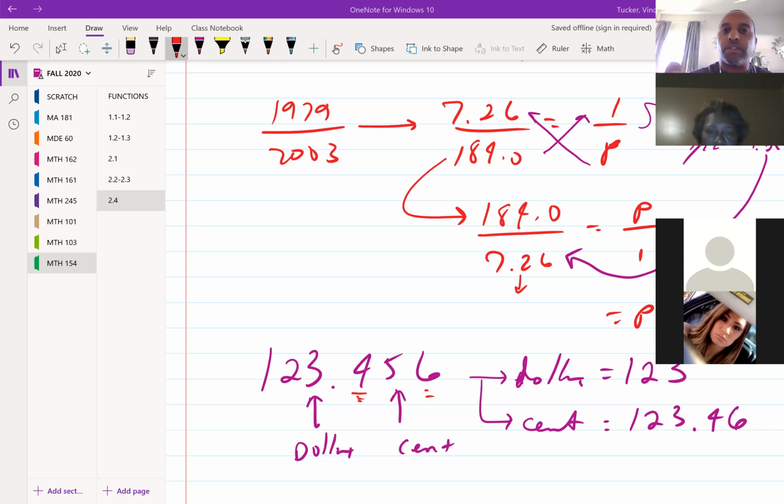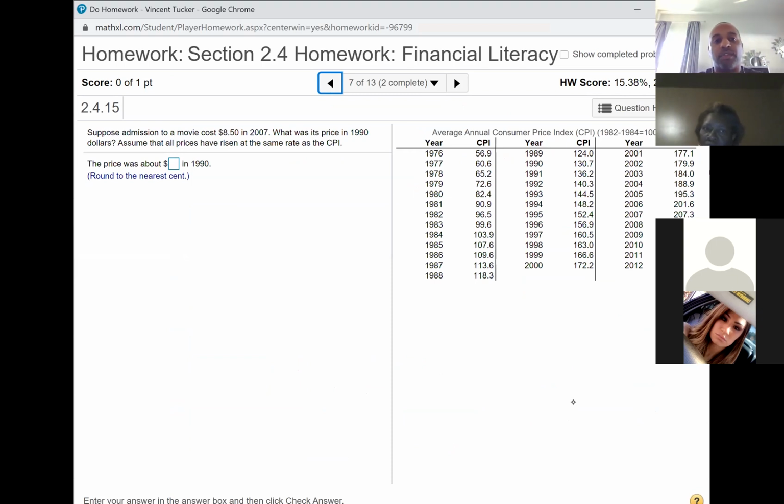So let's look at number 50 in 2.4, 2.415. I think it's number 7 in your assignment. Suppose admission to a movie costs $8.50 in 2007. What was its price in 1990? So 2007, $8.50. 1990, we don't know.